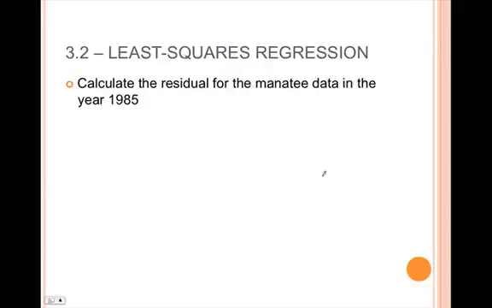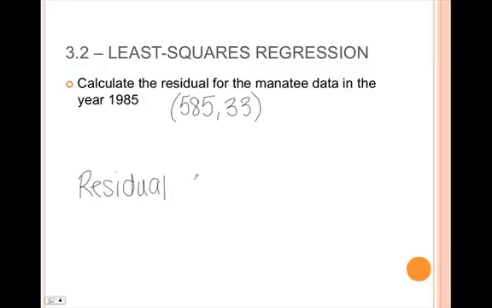So if I go back here, 585, 33 was the point. And my residual is going to be y minus y hat, observed minus predicted. The observed value for y was 33, minus, how would I get the predicted y value?